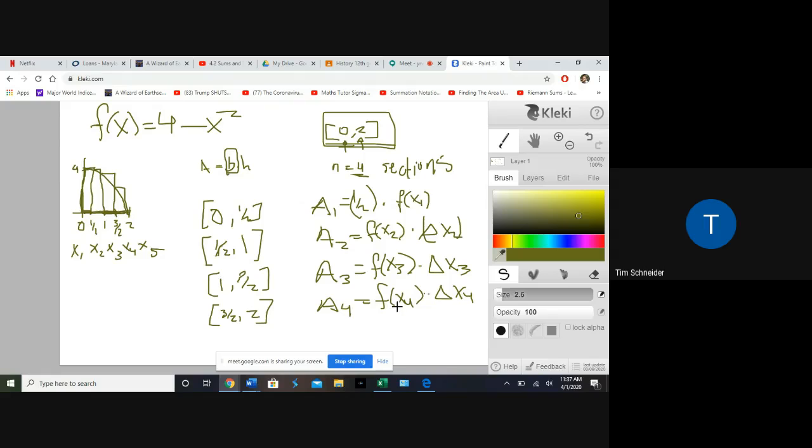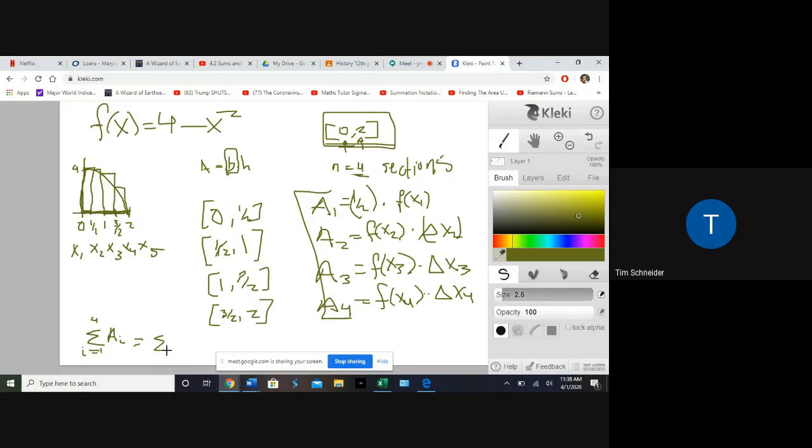Okay, so this may look familiar. What we can actually do is find the sum from i equals 1 to 4 of each of the 4 areas. And that will add the areas of the 4 rectangles together for us. And then we have an estimate for the area.